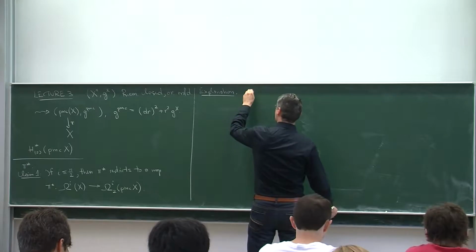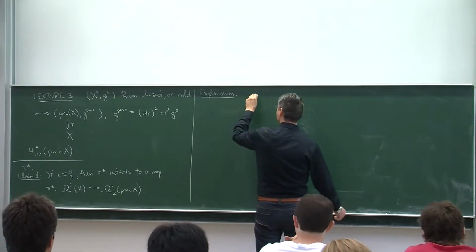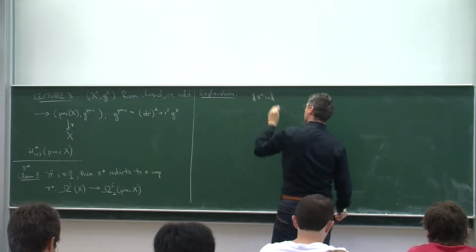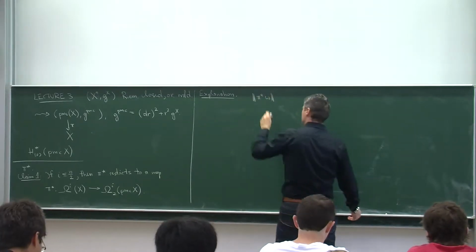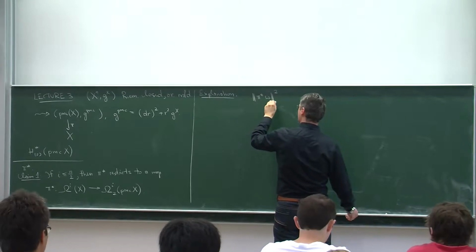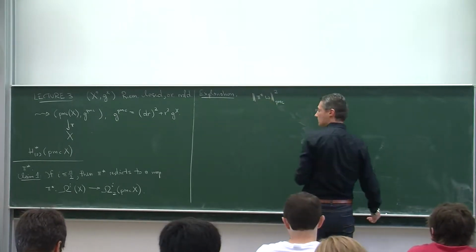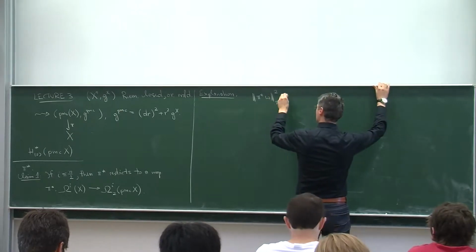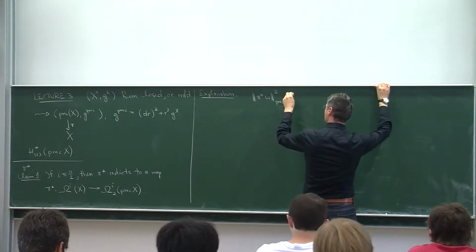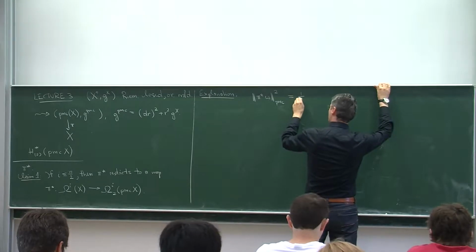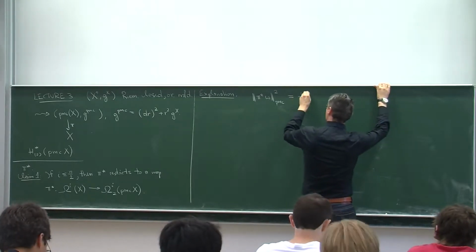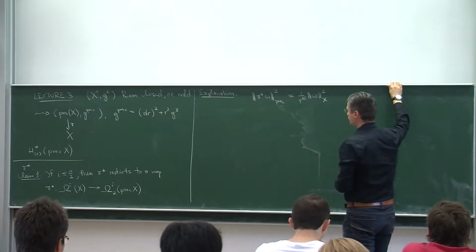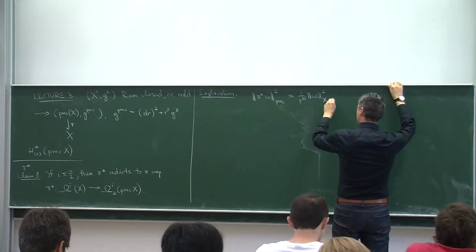Now, a little calculation shows that if you pull this form back and consider the norm squared on the PMC with respect to the PMC metric, then this is at a point (r, x) given by 1 over r to the 2i times the norm squared of omega on X. So that's one thing that we'll use.